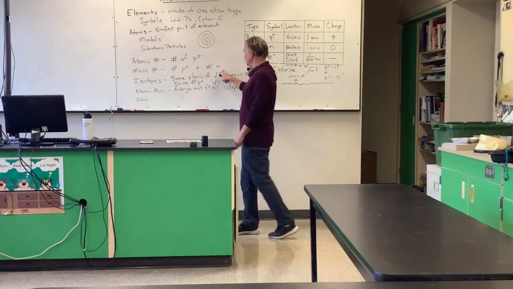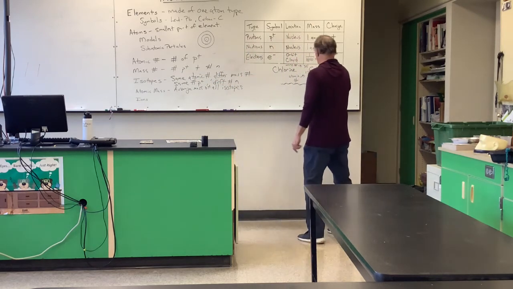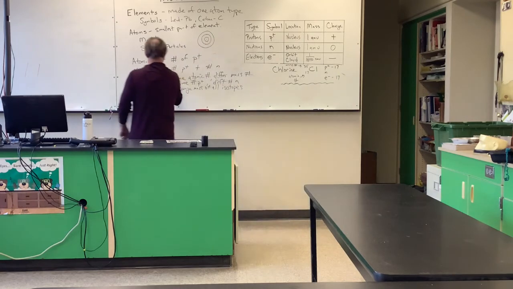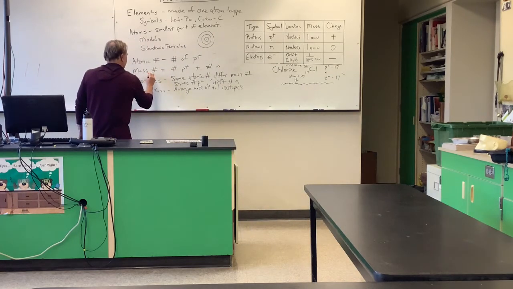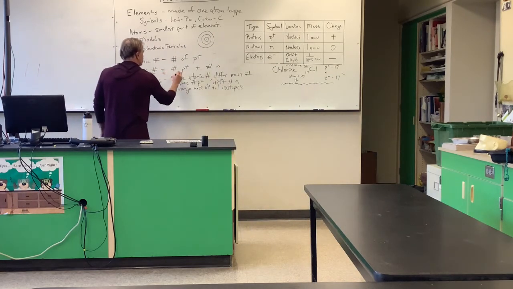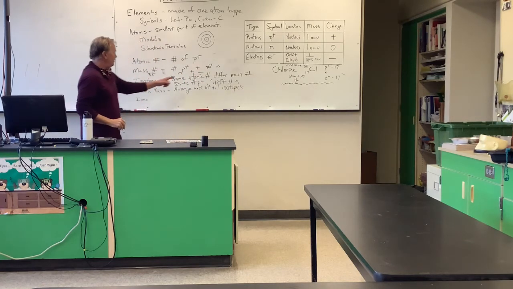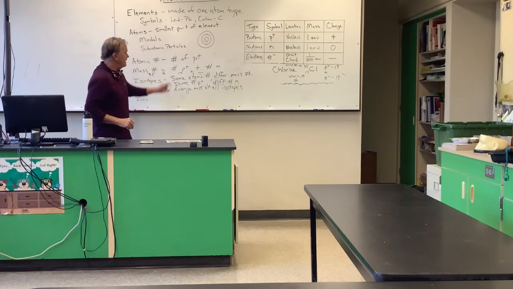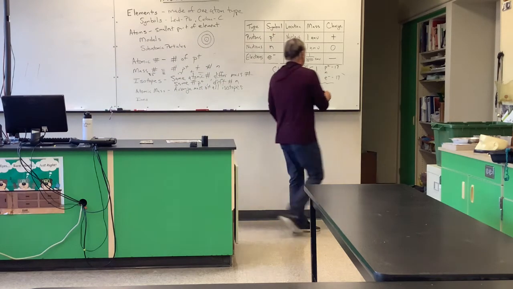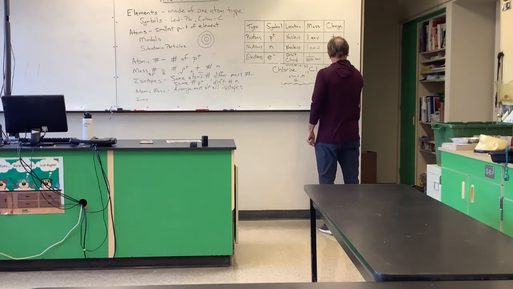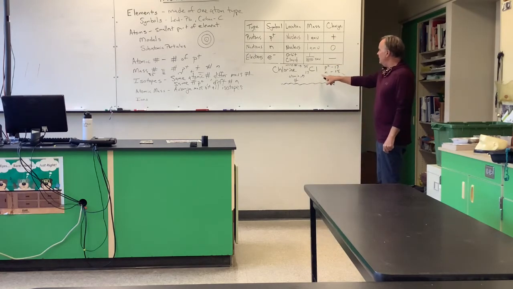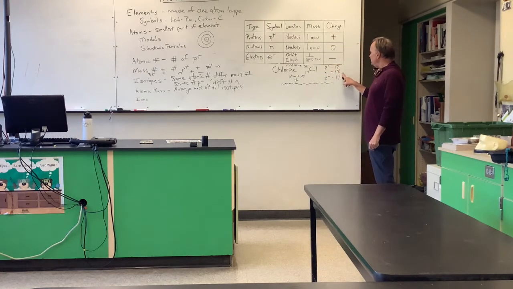So 35 equals 17 plus blank. You can either figure that out or just go 35 minus 17, and that would give you 18. So this particular isotope of chlorine has 17 protons, 18 neutrons, and 17 electrons.